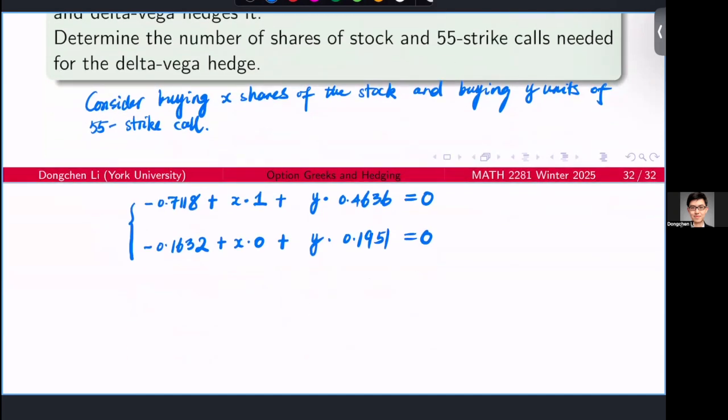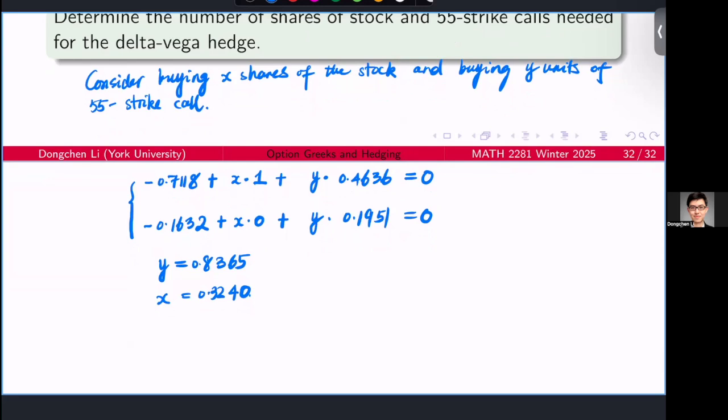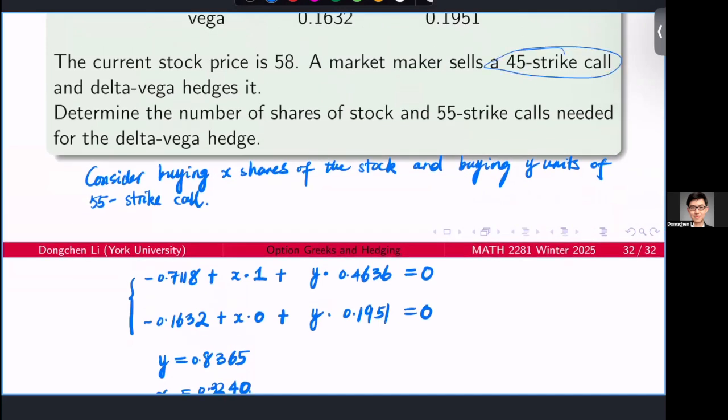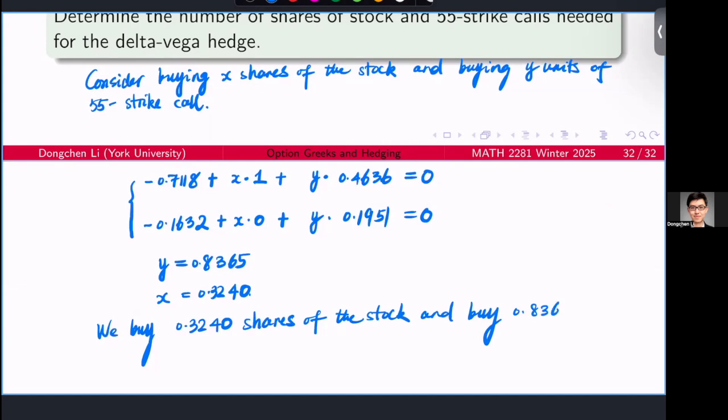By solving this system of two linear equations, we get Y equals 0.8365 and X equals 0.3240. So the portfolio that is both delta neutral and Vega neutral is a short position in that 45 strike call, plus buying 0.3240 shares of stock, and buying 0.8364 units of this 55 strike call option.